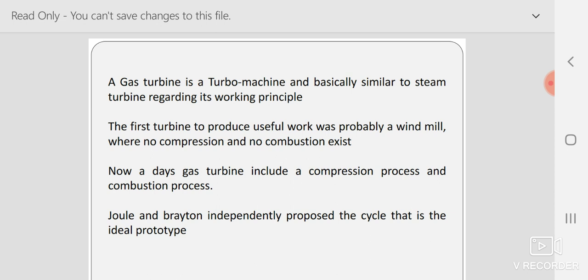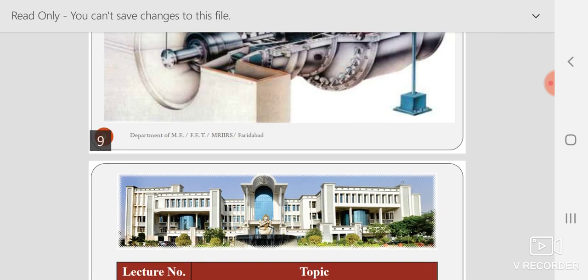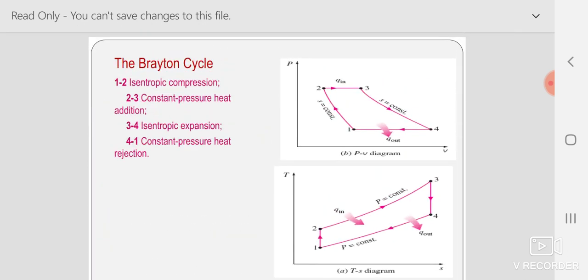As I was telling, in the Brayton cycle, I'll just show you the Brayton cycle. This is a Brayton cycle. This is the compression process 1 to 2, and the combustion process is 2 to 3, where heat is being added at constant pressure.